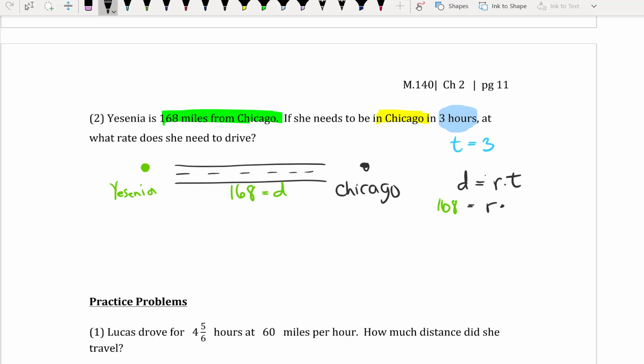Your rate you don't know, and the time that's given to you is 3. So your equation is really 168 is equal to r times 3. So divide by 3 on each side. 168 divided by 3 gives you 56.